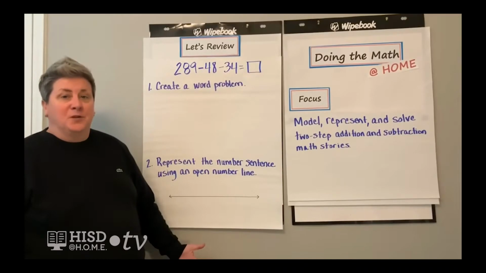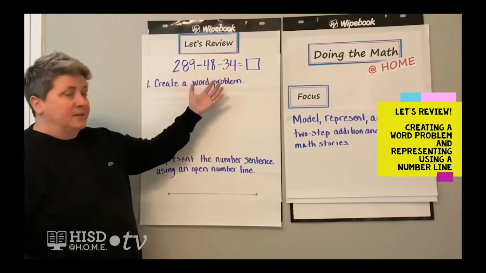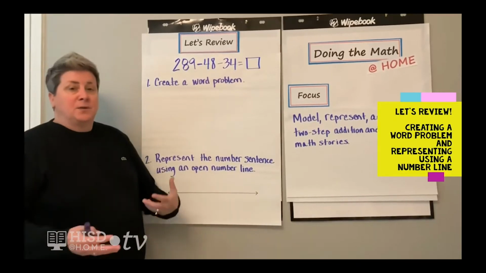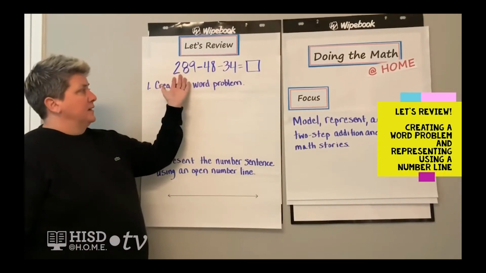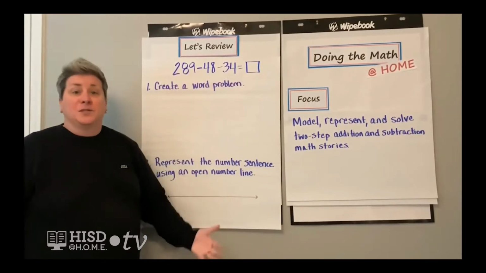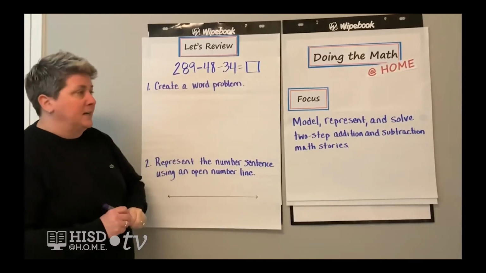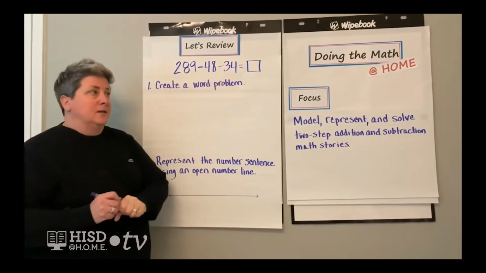So let's review how to create a word problem when given a number sentence. So let's start by looking at our number sentence. 289 minus 48 minus 34 is the same as an unknown difference. So let's start with the number 289 and let's generate a scenario.